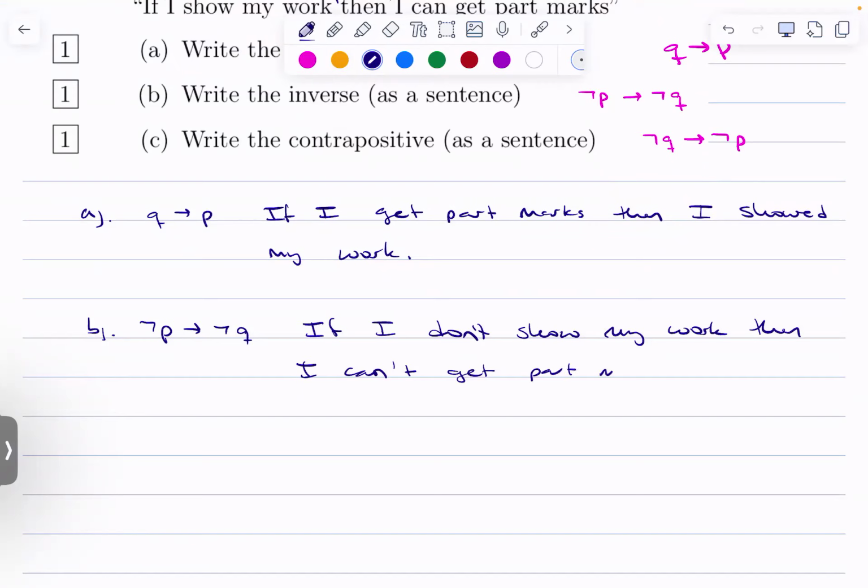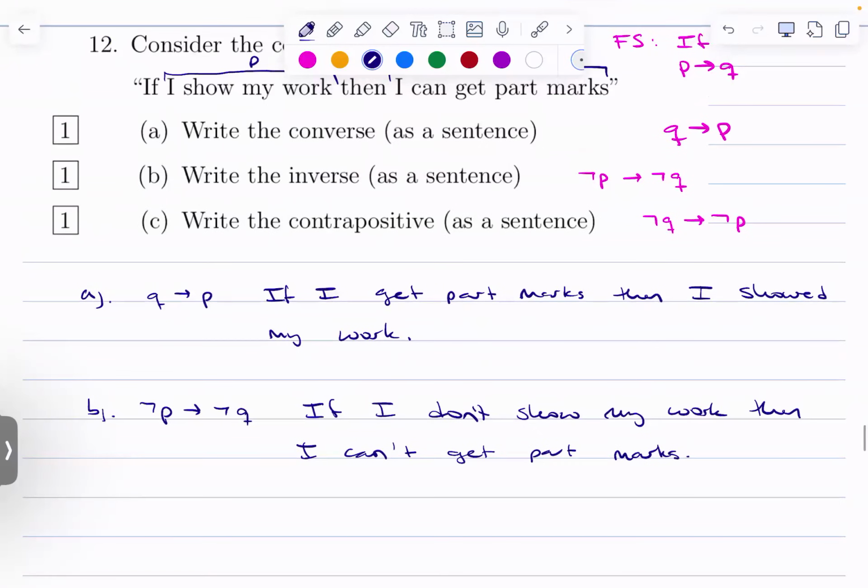The contrapositive: that sounds weird. If I don't get part marks, then I didn't show my work.